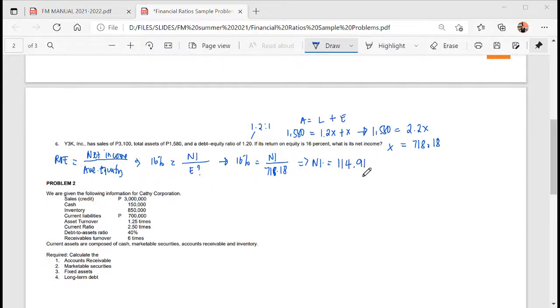Okay, so that is correct. Very good. So the net income for the year is 114.91. You can also use the expanded formula for the ROE, but since we can just use this shortcut way, it is better to use this to get your equity and to get your net income.